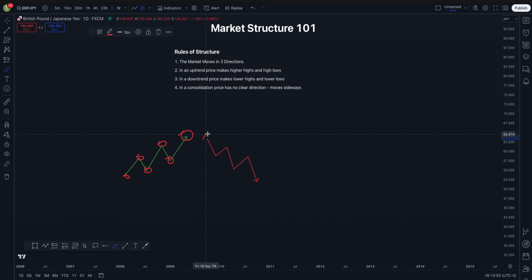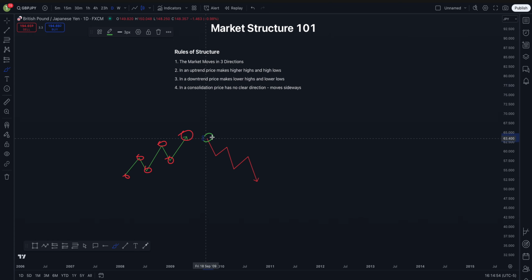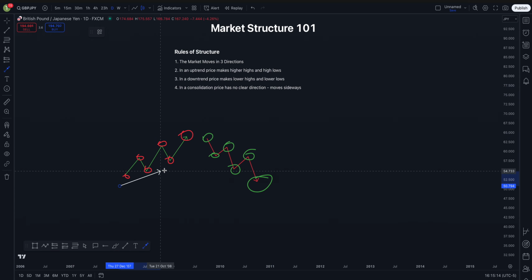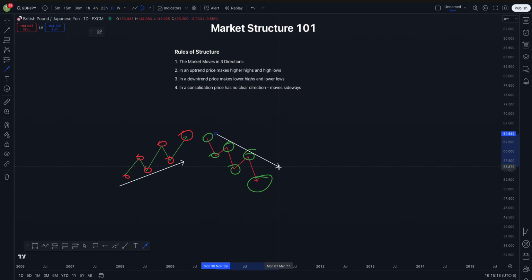And in a downtrend, price makes highs, lows, lower highs, lower lows, lower highs, lower lows. That is a downtrend, and you can use an arrow to help you. As you can see, uptrend. As you can see, downtrend.